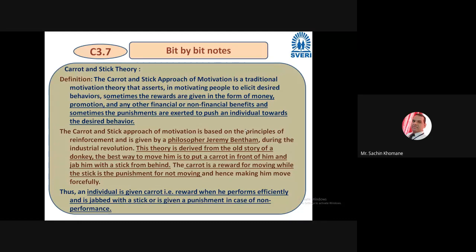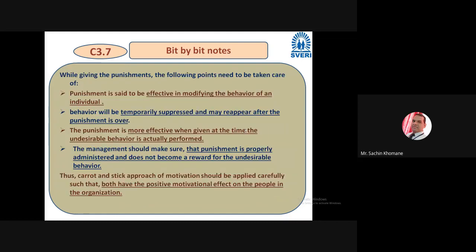And if they will not work, even though those rewards are shown in front of them, then use the stick, that is nothing but punishment. That analogy we have seen. Also we have seen how punishment should be given, what kind of punishment should be given, and what should be its nature, right? That we have seen last lecture.